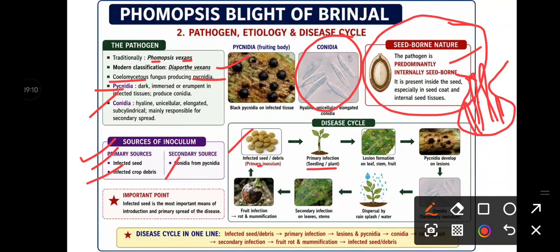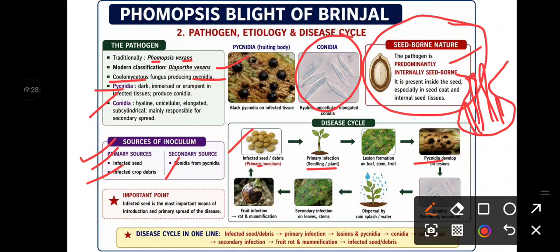Then it will further infect the leaves. In leaf, stem and fruit, you will get circular to irregular brownish lesions. In fruit, later it will cause fruit rotting and black mummification. In that mummification, you will get these black pycnidia.